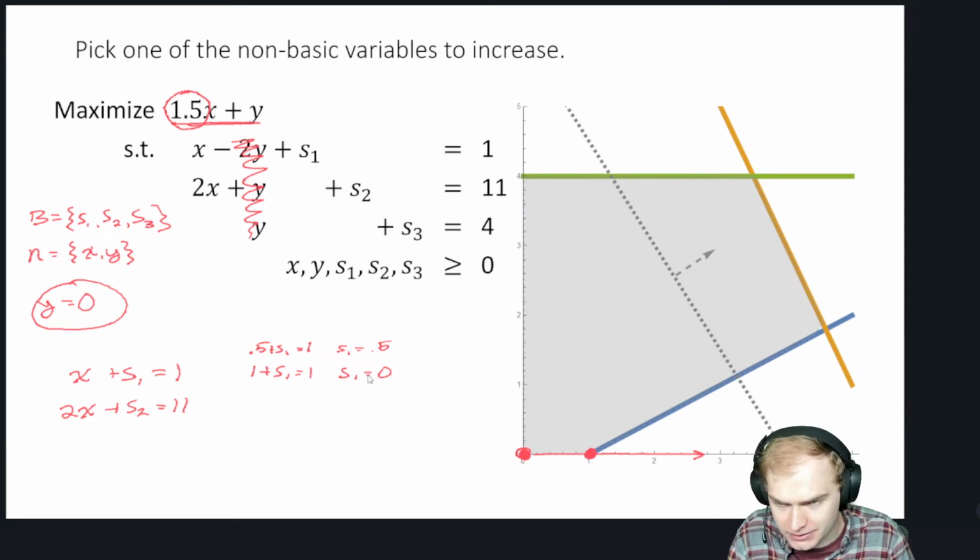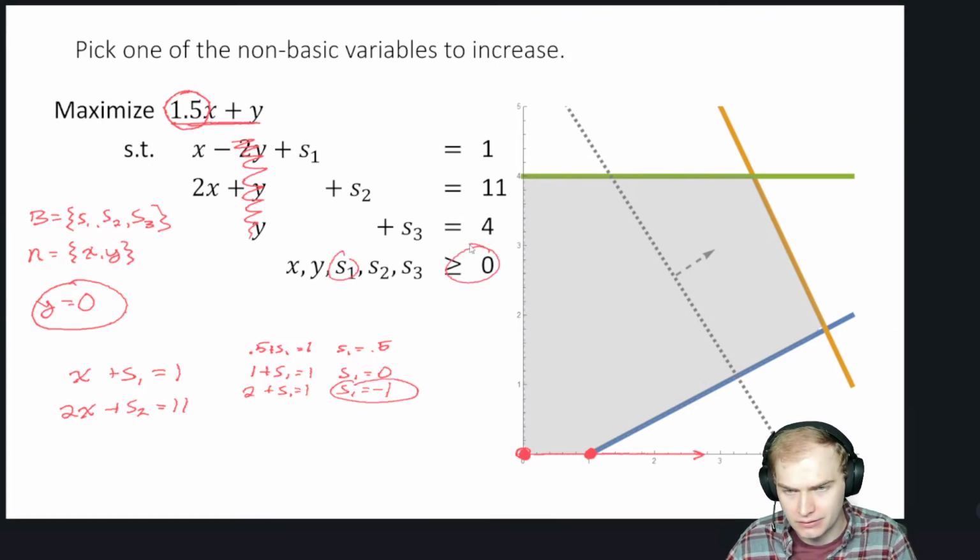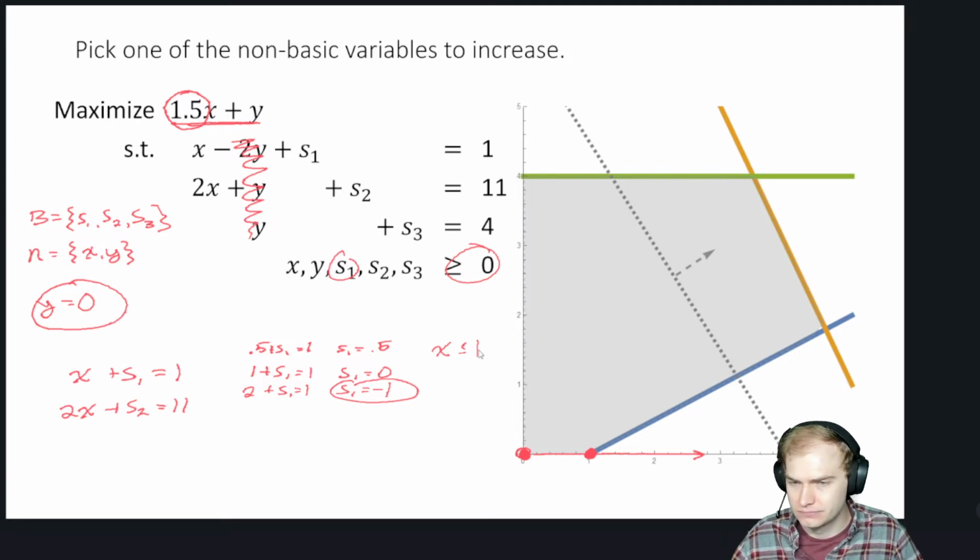If we were to increase x past 1, say 1.5, or actually, for my sake, 2 plus s1 equals 1, we would find that s1 equals negative 1, which breaches our non-negativity of s1. So that would be infeasible. So the first constraint tells us that x can only go as far as 1. So we have x less than or equal to 1 as a sort of first idea.